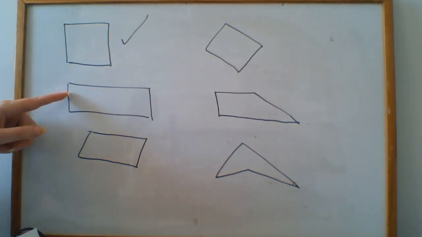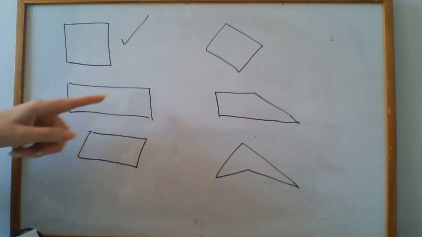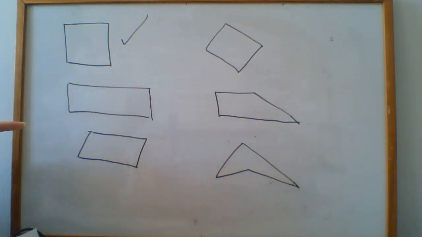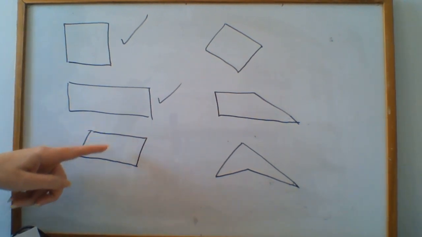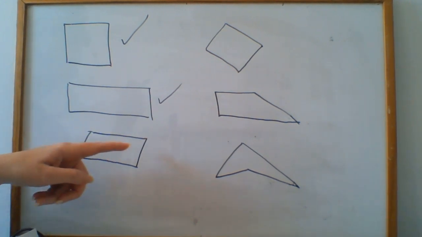Moving on to the rectangle, 4 straight sides, yes. Opposite sides parallel, yes. Opposite sides equal in length, yes. And opposite angles equal, again, yes. So the rectangle is a type of parallelogram. Now looking here, we've got 4 straight sides, 1, 2, 3, 4, yes. Opposite sides parallel, yeah.